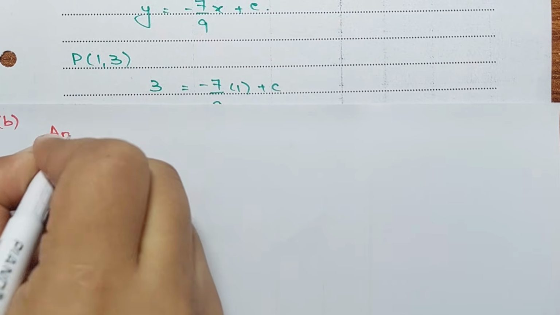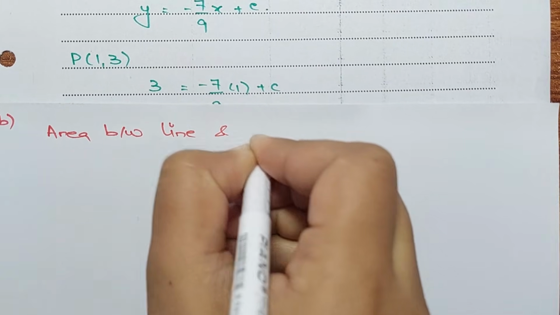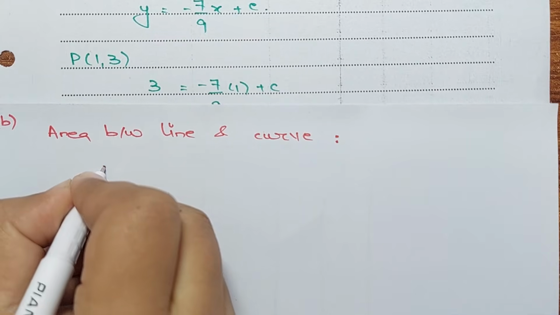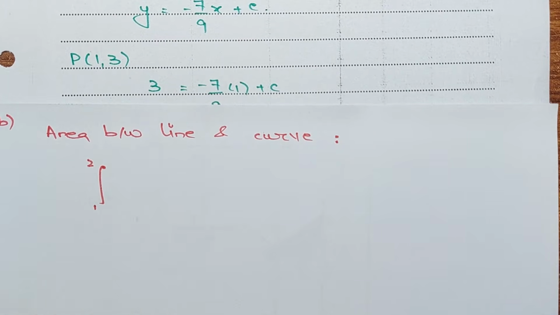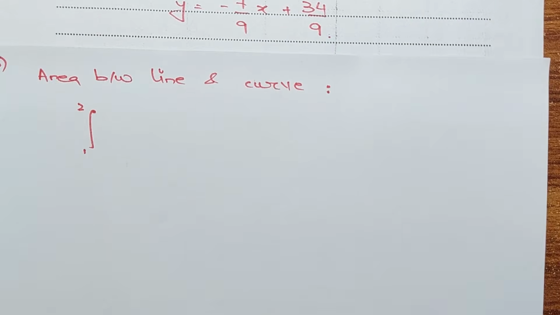Here we can say area between line and curve. So integration from 1 to 2 of line. So the equation of line is this. Let me integrate this line.